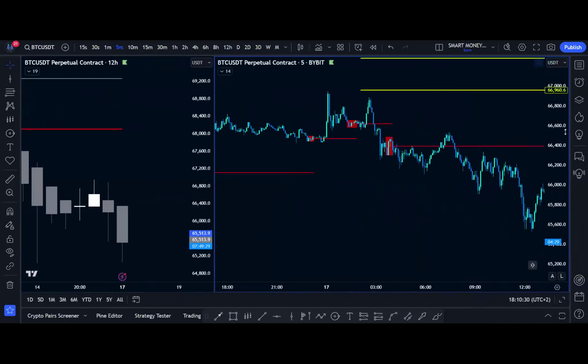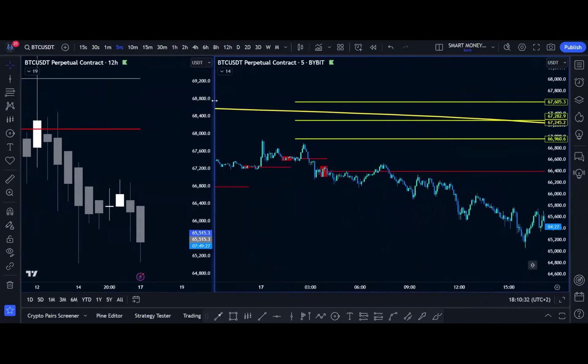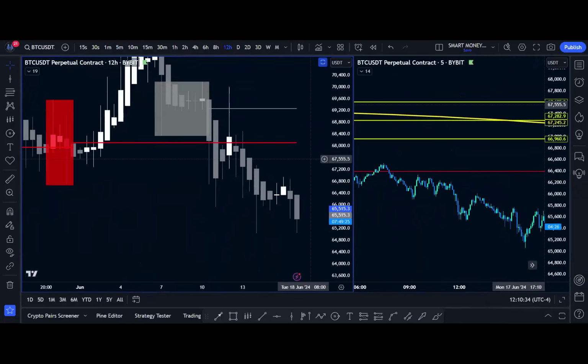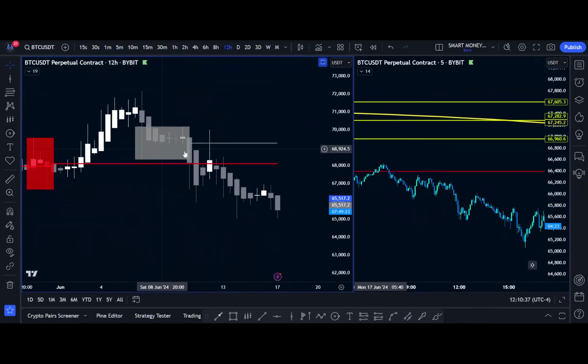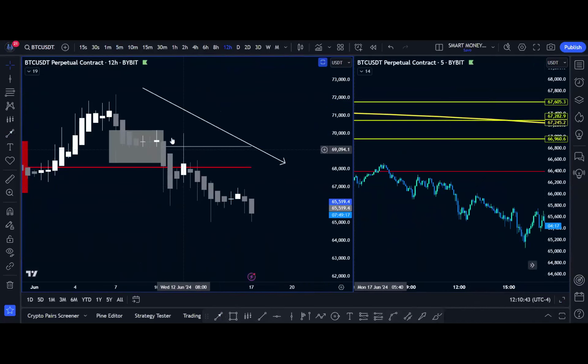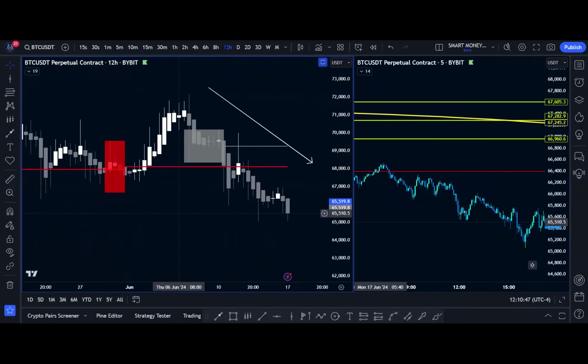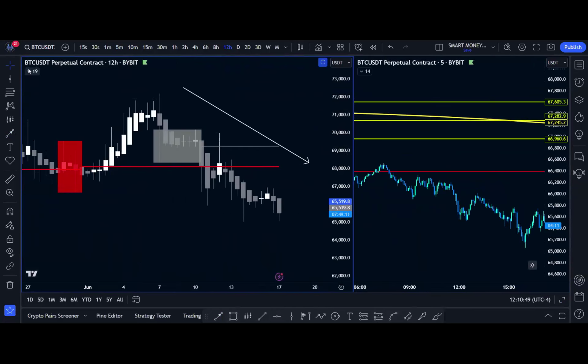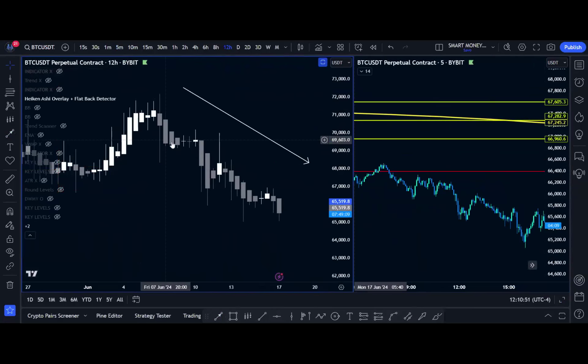If we look at Bitcoin here, you can see we've been in quite a big downtrend. If you look at the candles, you can see predominantly we've got bearish 12-hour candles happening pretty much all the way down. There haven't been too many solid flatbacks. If I take this off, you can see it's lots of indecision, but it's been on a downtrend.